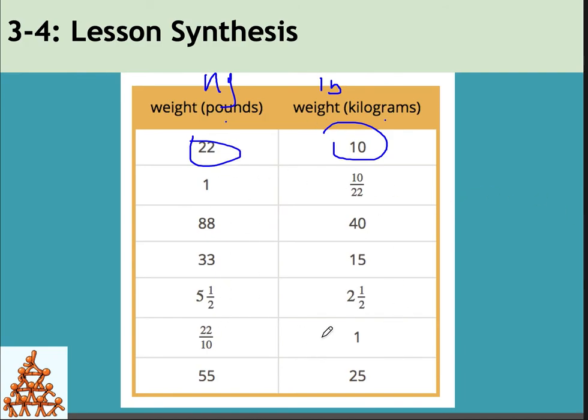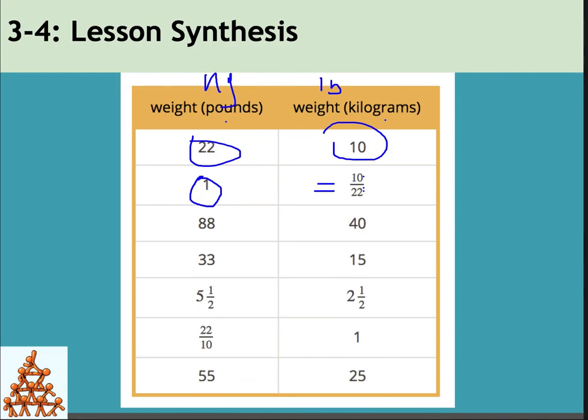These charts become equivalent ratios, where we were learning about those in our Unit 2. So by finding out the rate per one, so like the ratio per one, that is how, for instance here, our 1 pound is equal to 10 divided by 22. That's the rate per 1 pound.